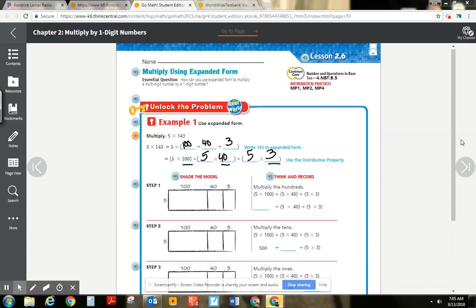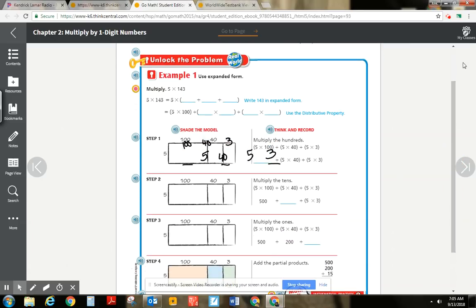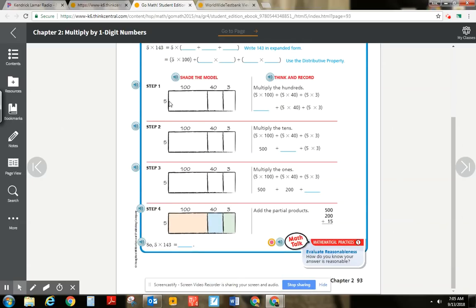So right in here, they are kind of going through it with a model. So they made 5 times 100, 5 times 40, and 5 times 3. So you would show your work like this: 500, and then we would go to 5 times 40.